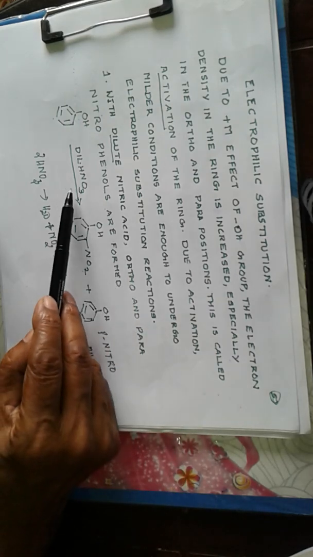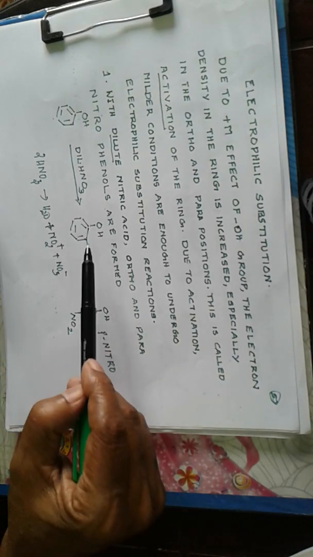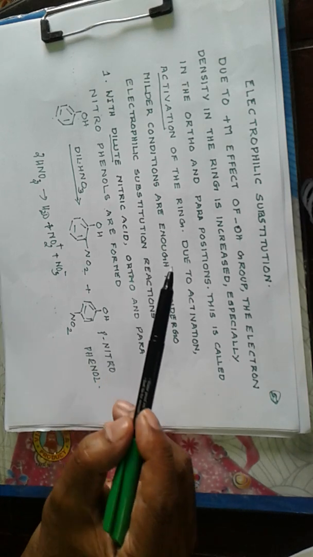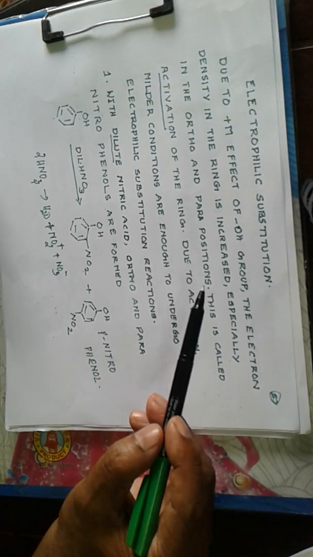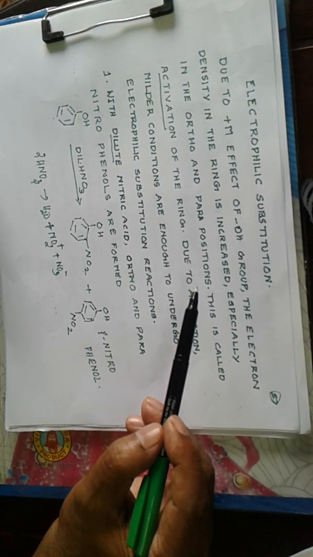So even dilute nitric acid can nitrate phenol. See, for nitration we use a mixture of concentrated nitric acid and concentrated sulfuric acid, and here in the case of phenol, due to activation of the ring by plus M effect, even dilute nitric acid can nitrate phenol.